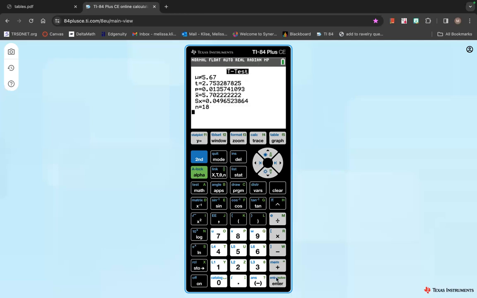There we go. So my test statistic, I'm writing it down here, is 2.75, positive 2.75. My p-value is 0.01.